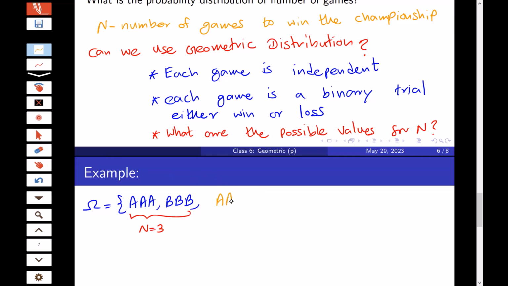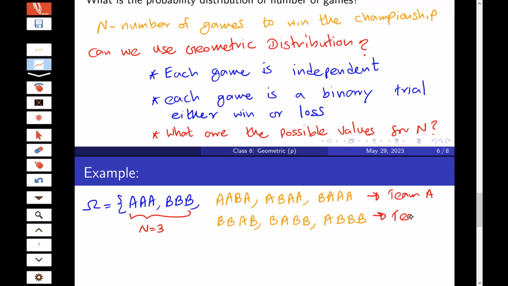So it will be this one from team A's perspective, and these are for team B. Okay, so in this case we are playing 4 games.